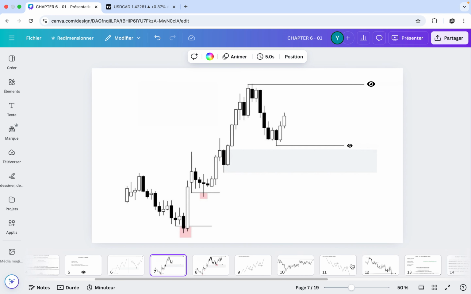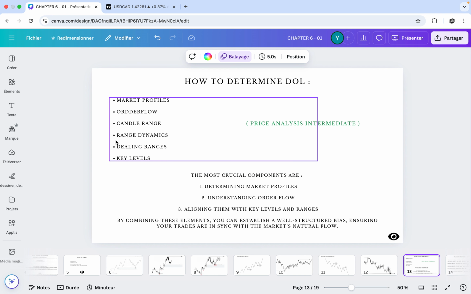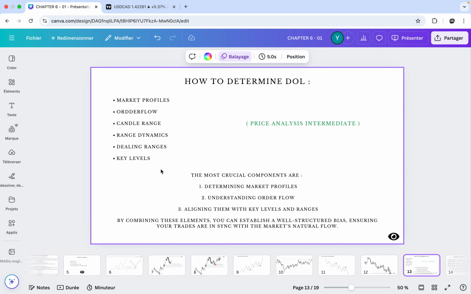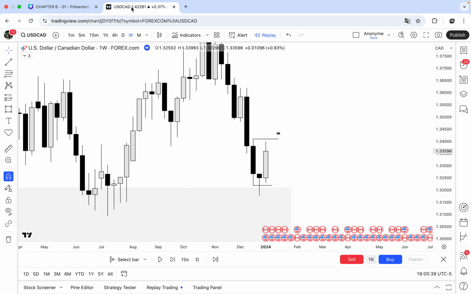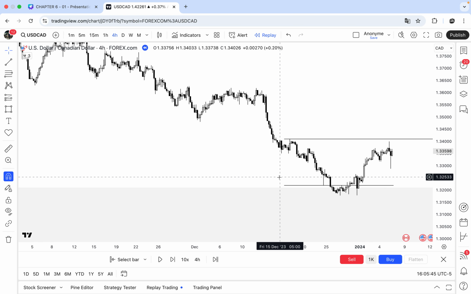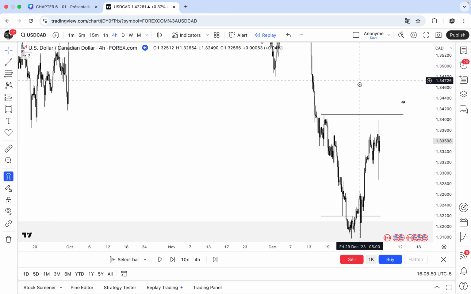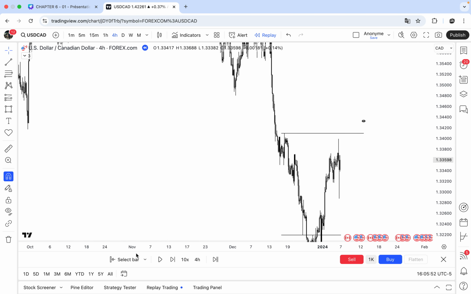All right, so here, right there, the market profiles and the order flow. Let's see what's going on on the 4-hour. All right. So in this case, now let's see.